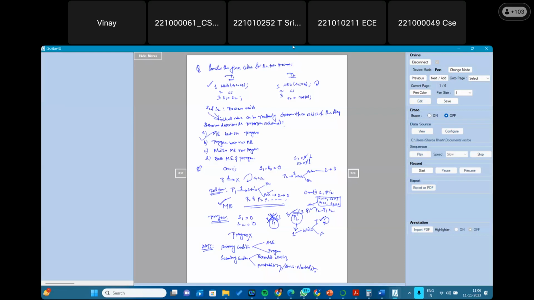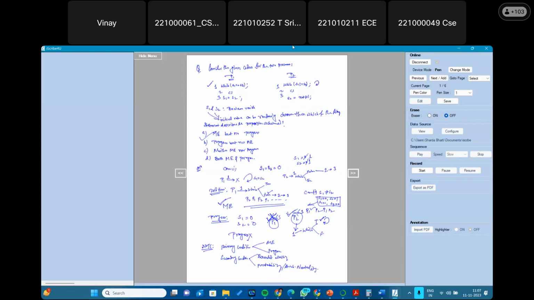Now, here the problem is that with the single turn variable, if no process wants to execute its critical section, then the other process is also unable to execute its critical section. Okay, that's why in the next solution, that is algorithm 2, we utilize a two variable solution, or not exactly a two variable solution.